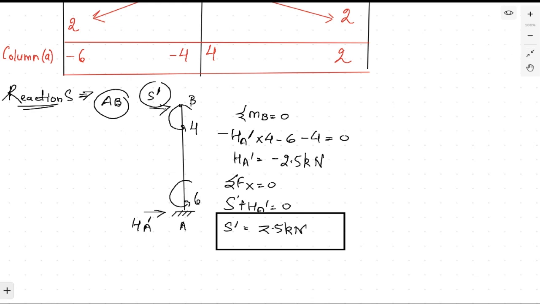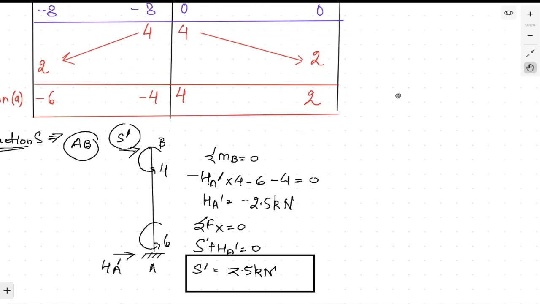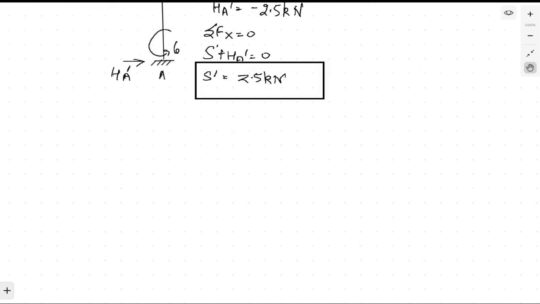ठीक. फाइनल मोमेंट निकालने के लिए, ध्यान से समझते जाना.